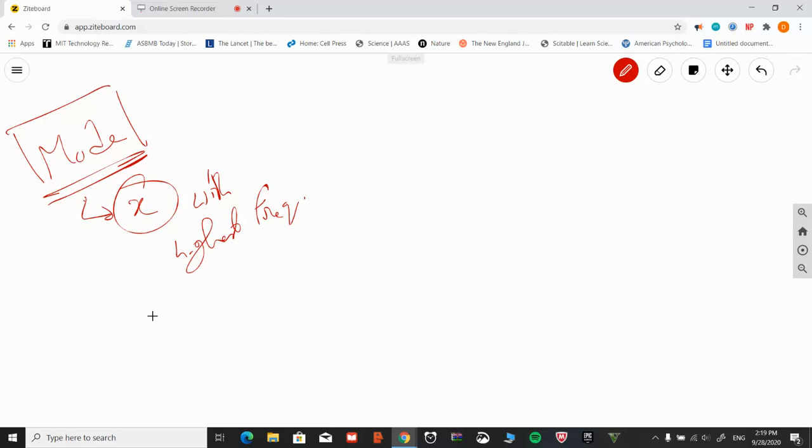So that's that. We are done with central tendencies. Now a bit of theory. Sometimes when we look at our data, we have 3 measures of central tendency: mean, median, mode.